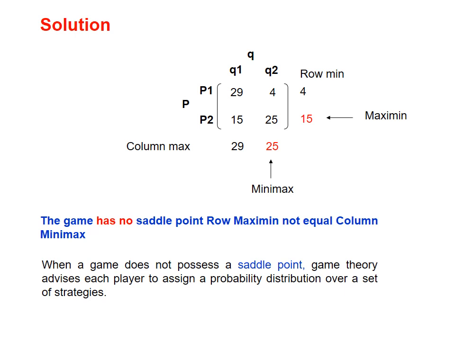They are not the same numbers, so the game has no saddle point, because the row maximin is not equal to the column minimax. When a game does not possess a saddle point, game theory advises each player to assign a probability distribution over a set of strategies.